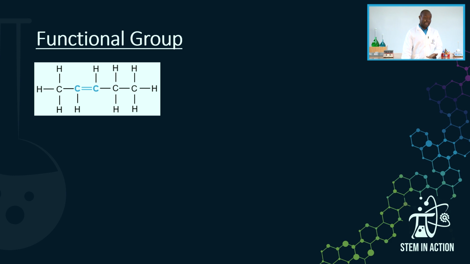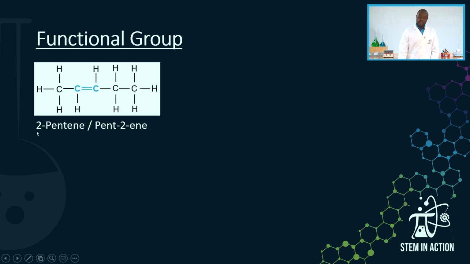If we start from the left, we are going to say 1, 2. So between those two options, we always choose the one that is the lowest number, or that places our functional group at the lowest position possible. So this compound has got 5 carbons, 1, 2, 3, 4, 5, and our double bond is on position number 2.